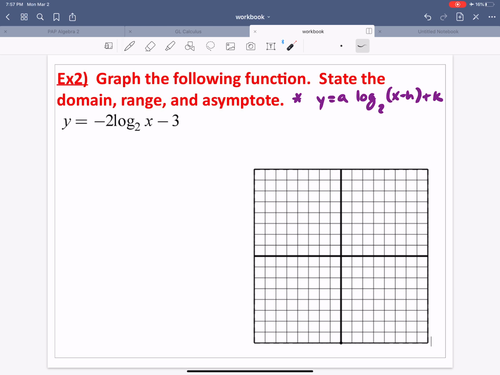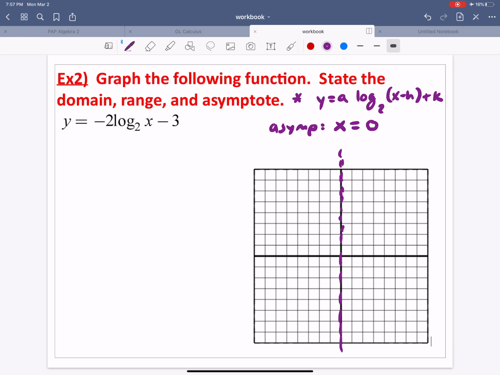So since you don't see parentheses, this -3 is the k value. So because we don't see an h value, we know that h is 0, so we would say that the asymptote is vertical, always for log functions, so it's always x equals h, but here the h value is 0. So let's graph the line x equals 0. Just draw it right on top of your y-axis.